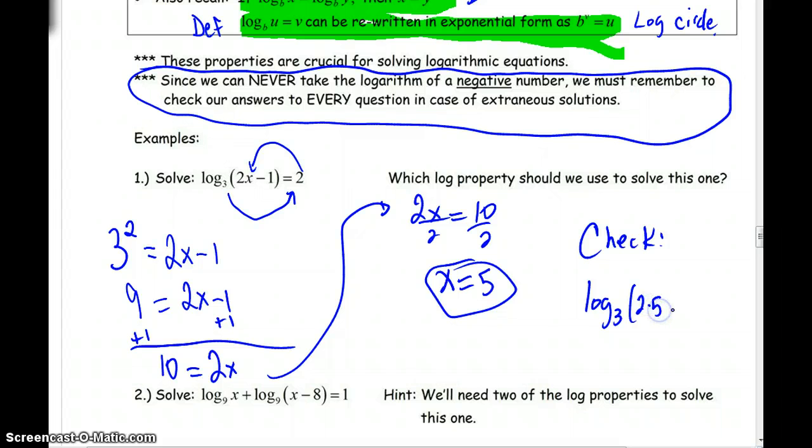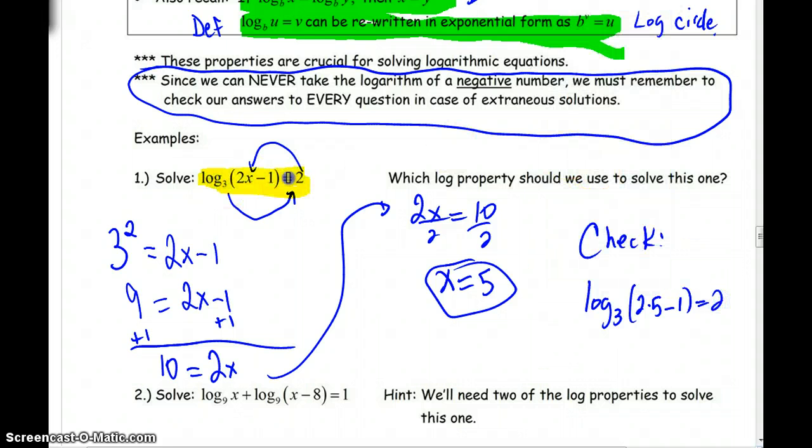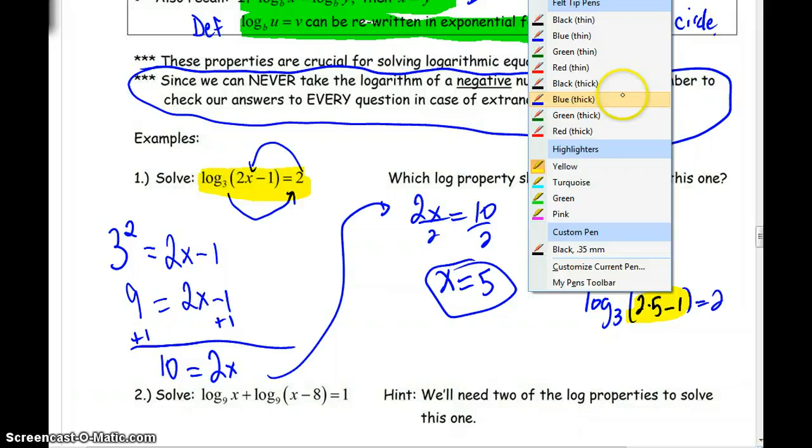If I were to plug that x equals 5 back into the original equation, I'm going to highlight that right here, rewrite that out, putting in your x value of 5, what your big concern is: is that inside part positive?